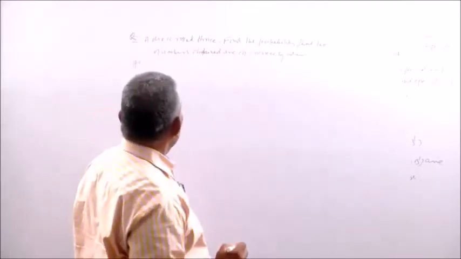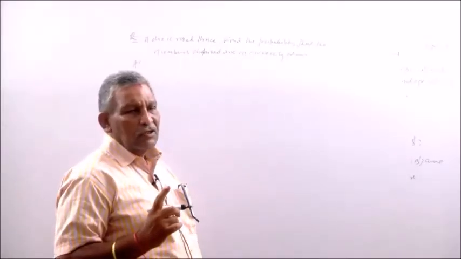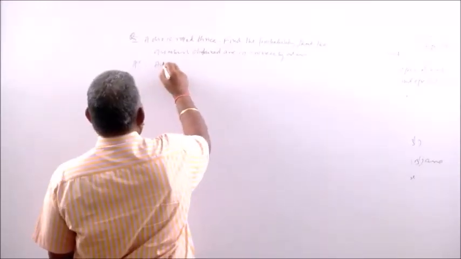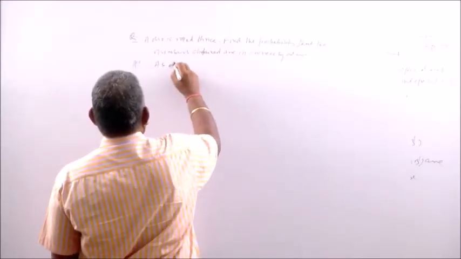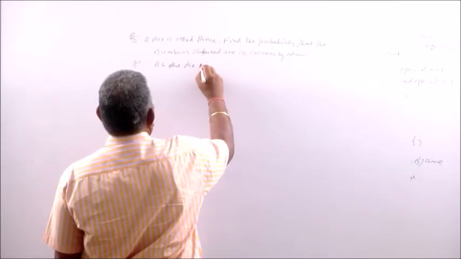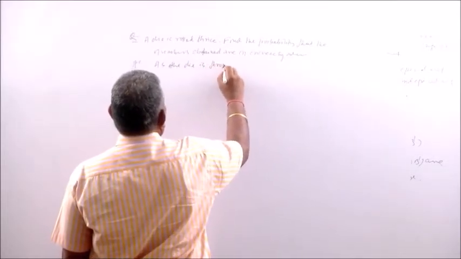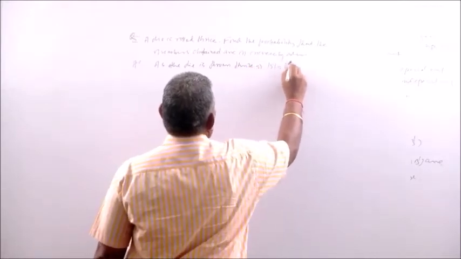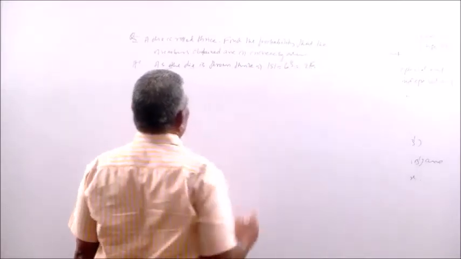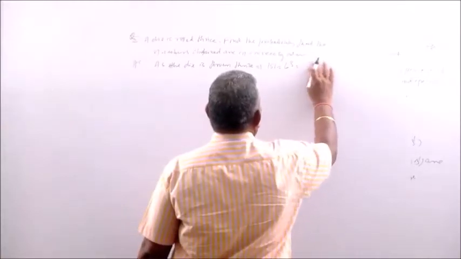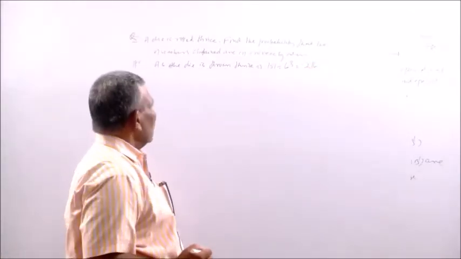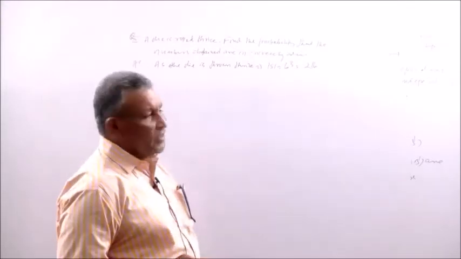You all know that a die has 6 faces. So when 3 dice are thrown, as the die is thrown thrice, that implies cardinal of S equals 6 cube equals 216. Now our question is, what is the meaning of increasing order?